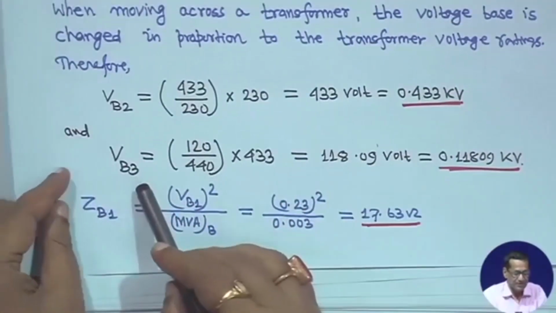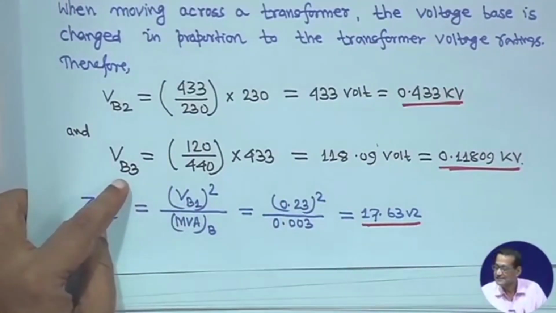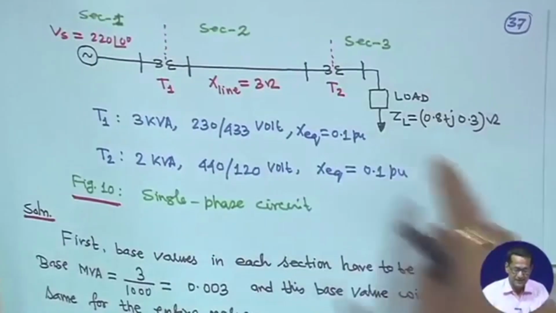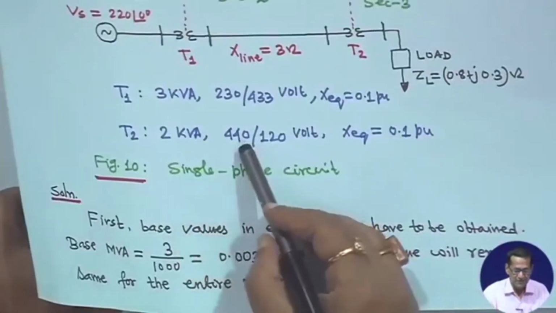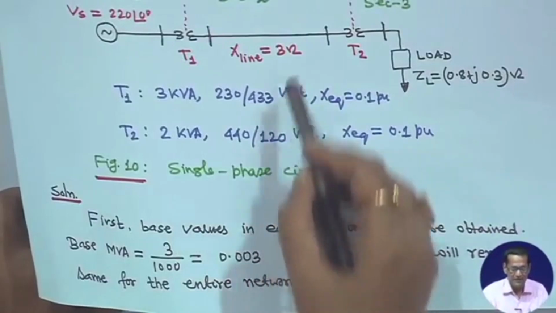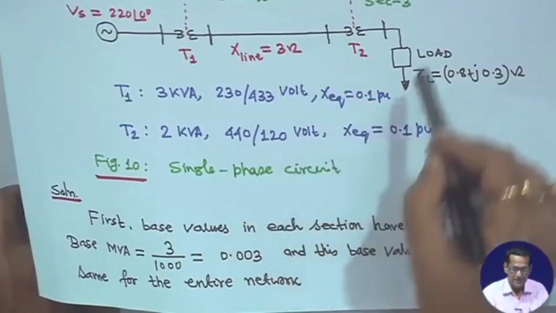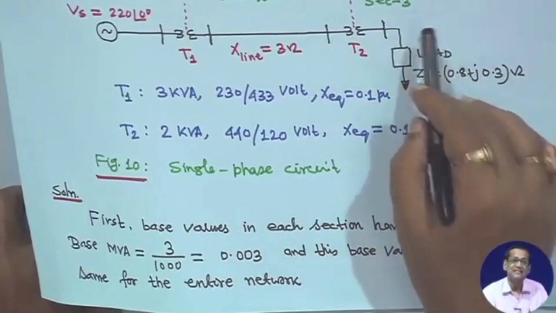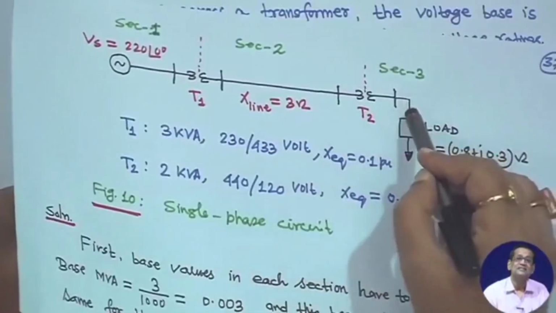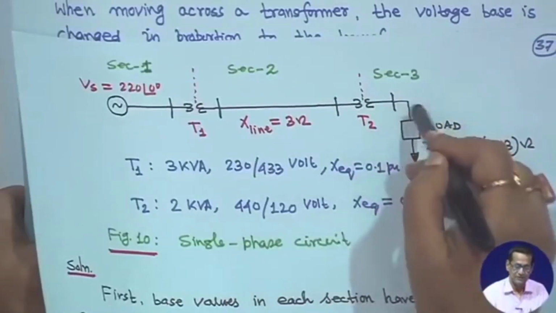Similarly, for the base voltage for section 3, that means this side, basically the transformer is actually 440 upon 120, but this line's base voltage is 433. So, accordingly you have to see what is the base voltage for section 3, that is this portion, right.